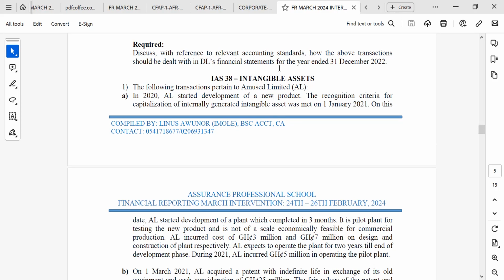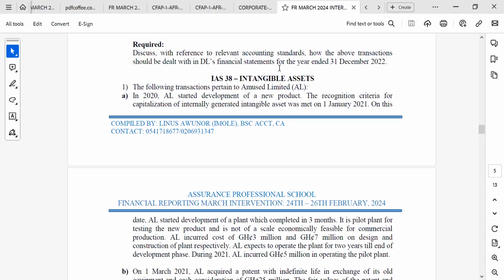When do we recognize an intangible? The first and most important one is that if the cost can be measured reliably, we recognize an intangible. If it is probable that future economic benefit will flow into the entity, it can also be recognized. So the recognition criteria for an asset also apply to the intangible asset.